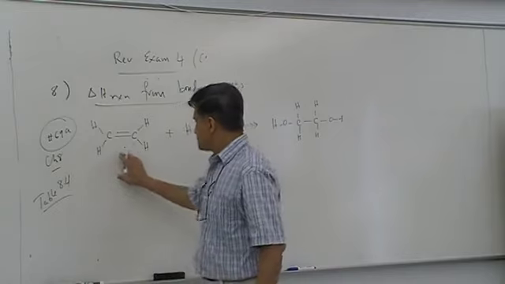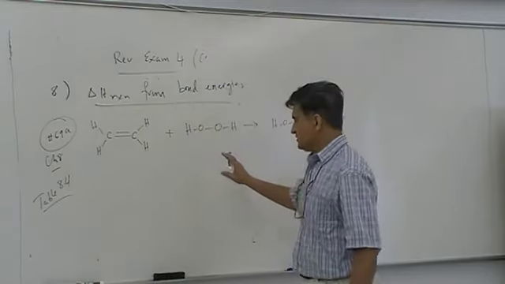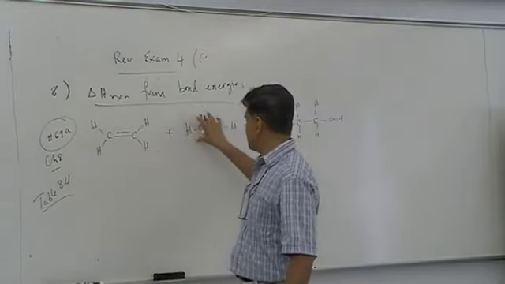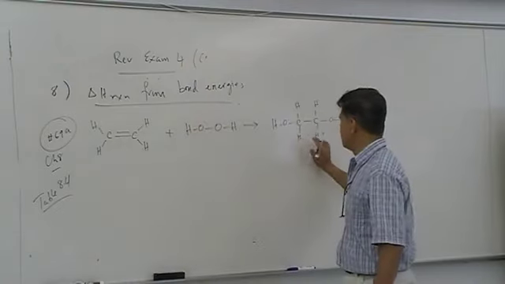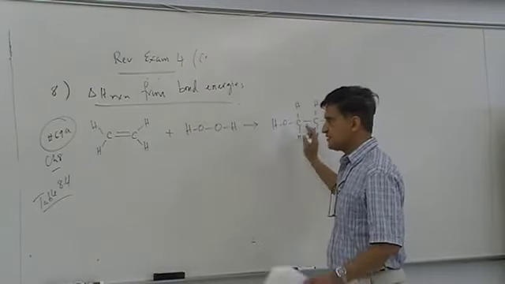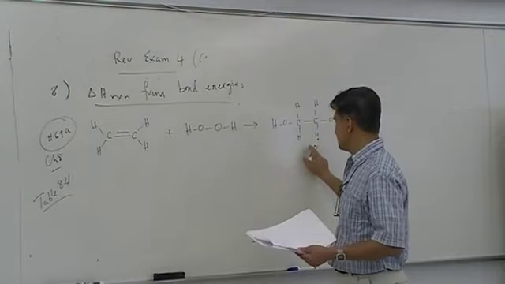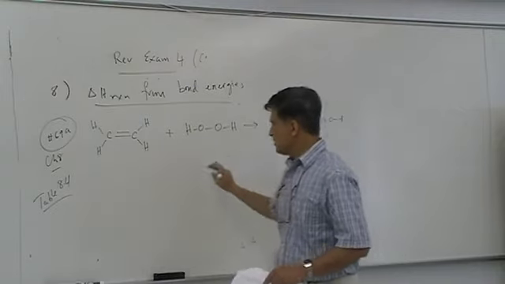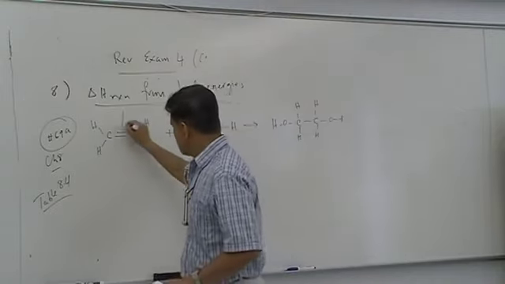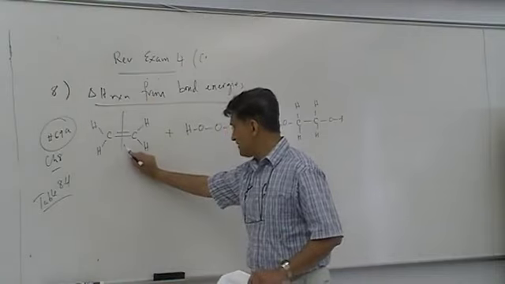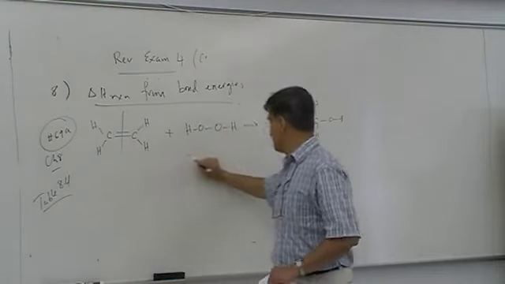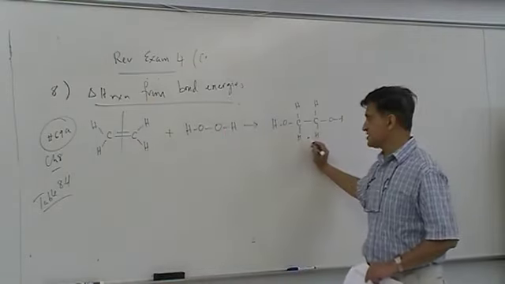Now, this is like building a model. I have this to begin with, this to begin with, but I need to end up with this. So basically break it and make it, and finally you end up with this. So what do I need to break here? Because I have a C double bond C on the left side, but there is no C double bond C on the right side.